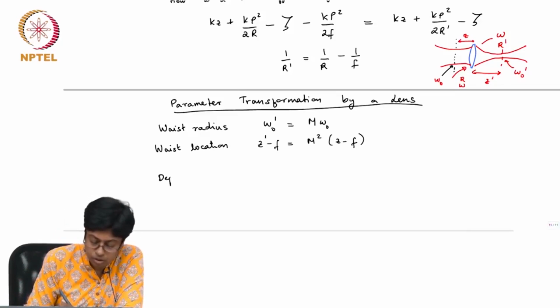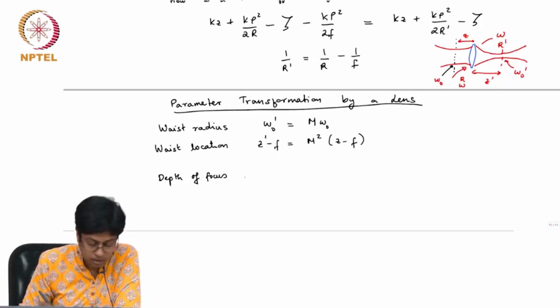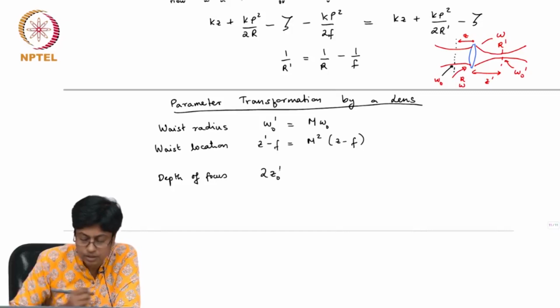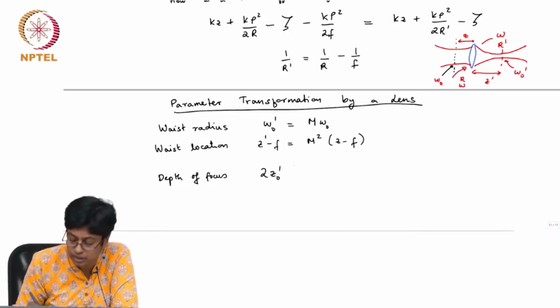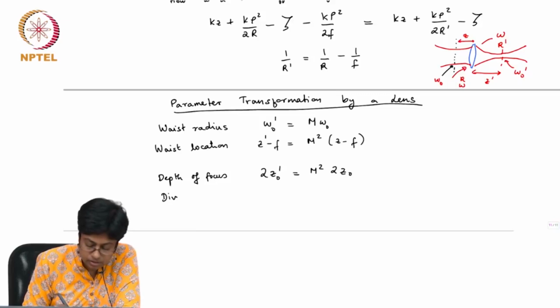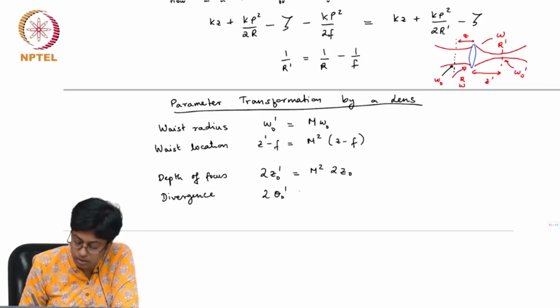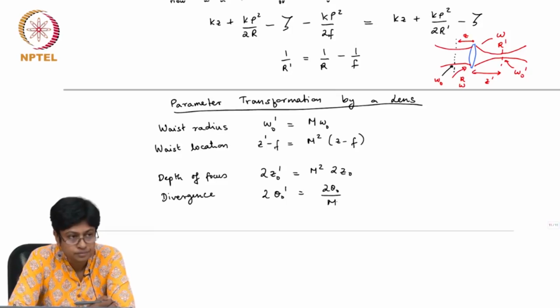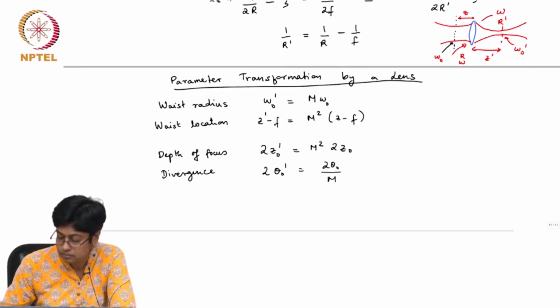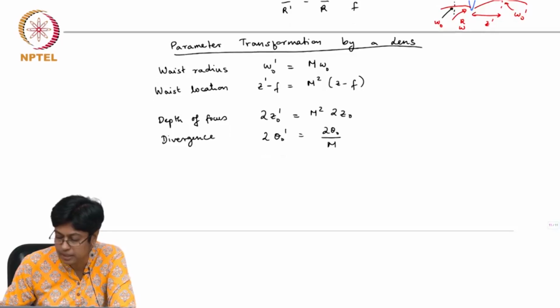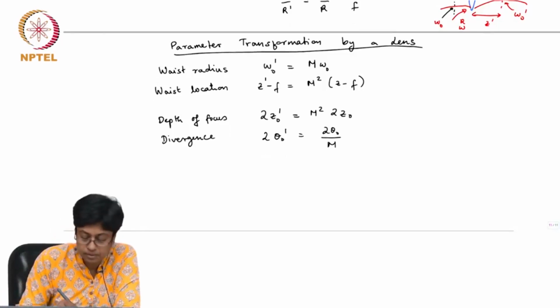The depth of focus is the Rayleigh range, or twice the Rayleigh range, 2Z naught dash, and it is again a function of the magnification. The divergence theta dash, so you can see the magnification is playing a role everywhere.